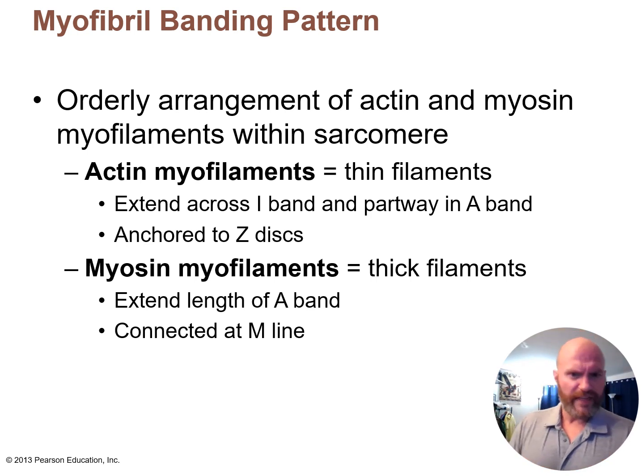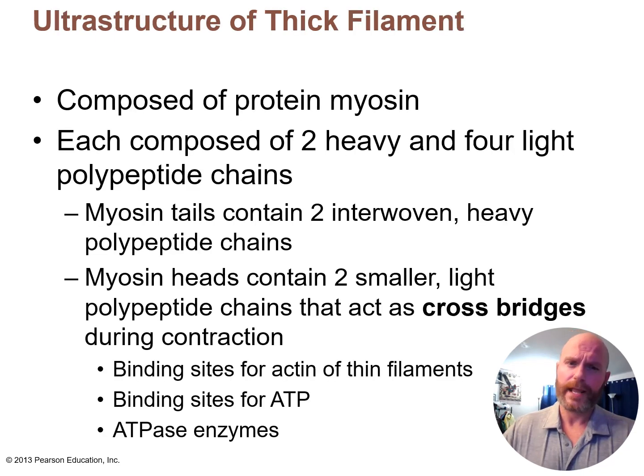Recall that actin composes the thin filaments and myosin composes the thick filaments. The orderly arrangement of this actin and myosin is what gives skeletal muscle its striated banding pattern. The thick filament is composed of the protein myosin, and myosin heads contain two smaller polypeptide chains that act as cross bridges during contraction.